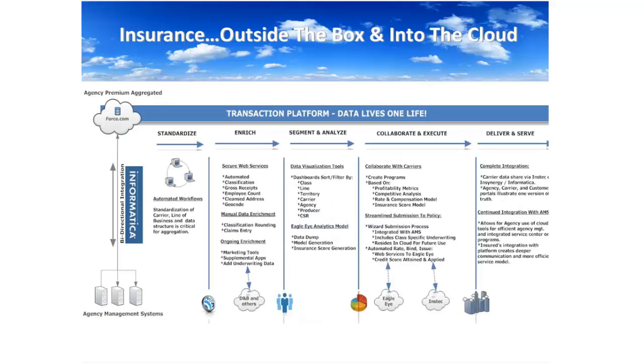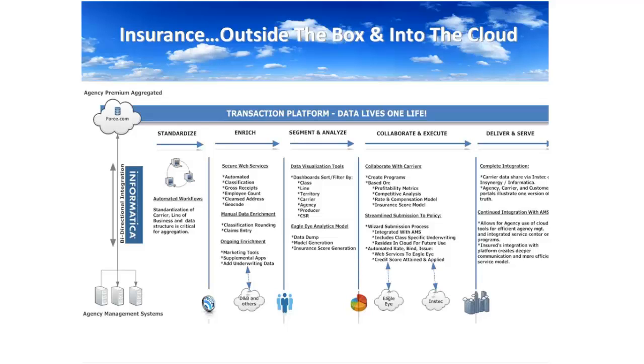We start with Informatica Cloud Services, where we create a bidirectional integration with the agency database. After we pull that data in, and this is their entire database, we standardize it, we cleanse it and enrich it, and we segment it so we can get better analytics around this information. And then we use that data to leverage in the marketplace and create better products, better programs for insurance agencies.